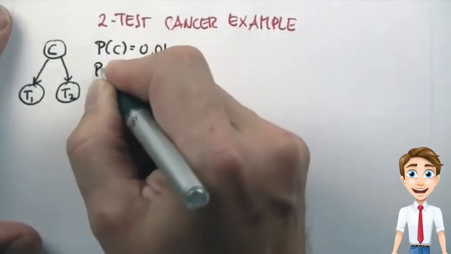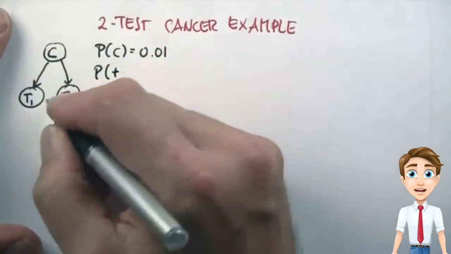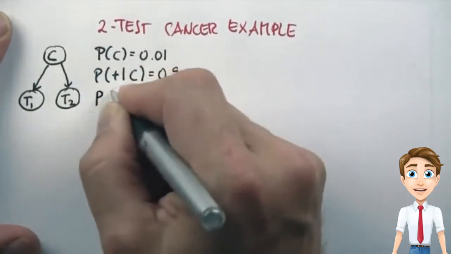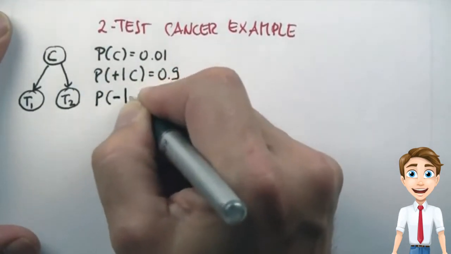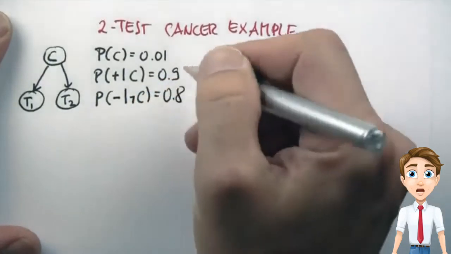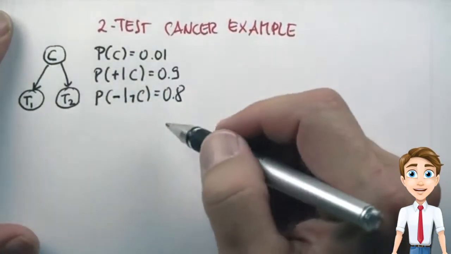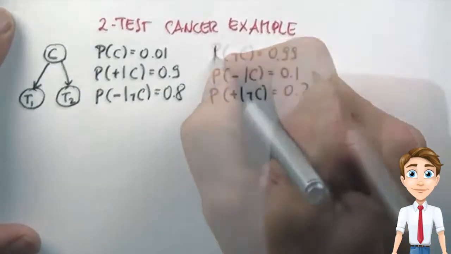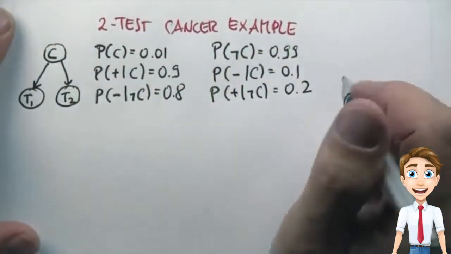The probability of receiving a positive test result for either test is 0.9. Probability of getting a negative result, given cancer-free, is 0.8. And from those, we were able to compute all the other probabilities, as I'm just going to write them down over here. So take a moment to just verify those.